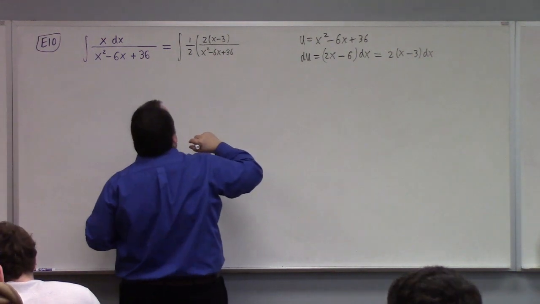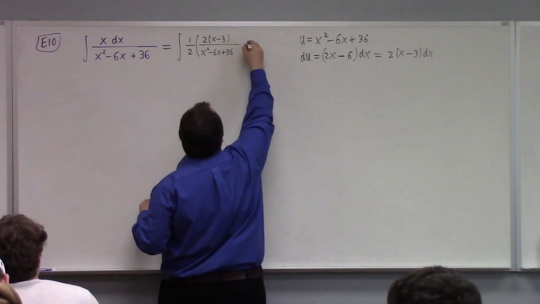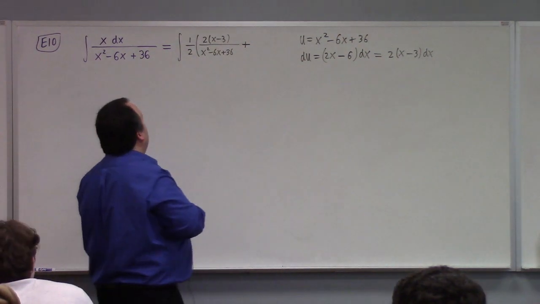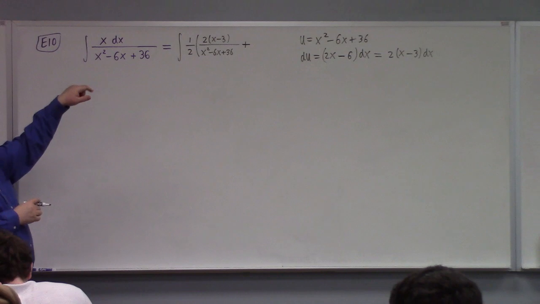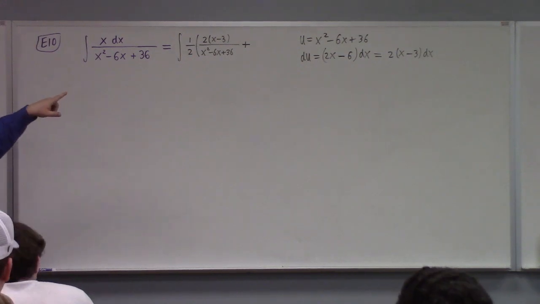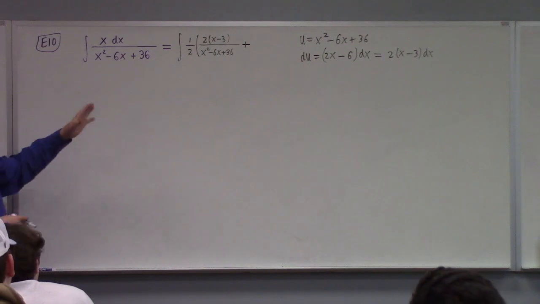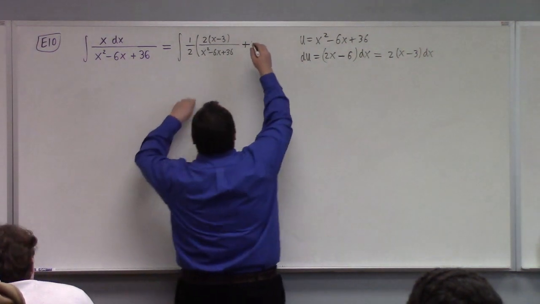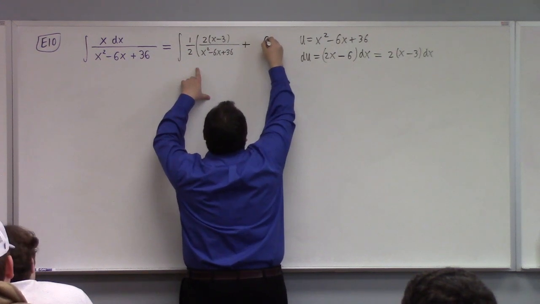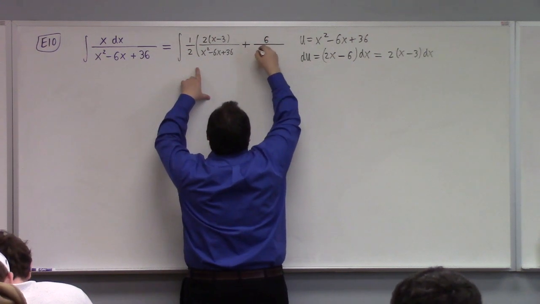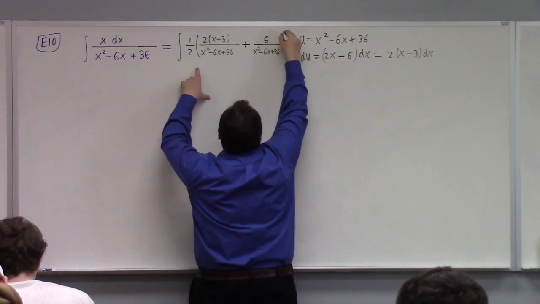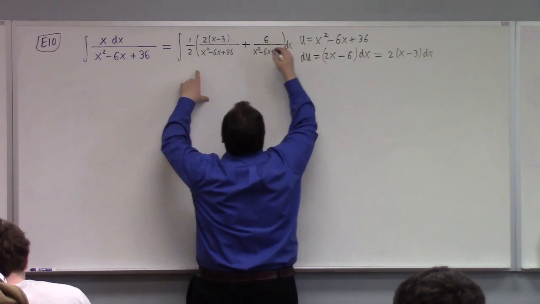What do I owe you? The 2 and the half cancel, that leaves us the x that we got there to start with, right? But I just subtracted a 3. To be fair, I must add a 6 inside the parentheses. So 6 over x squared minus 6x plus 36 dx.